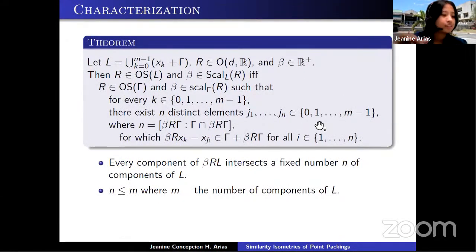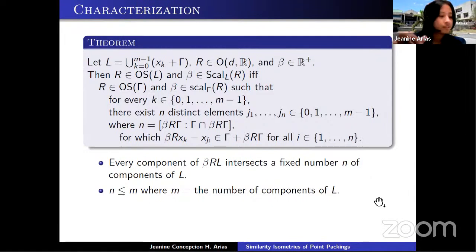Essentially, this result tells us that beta RL is a similar subpacking of L if and only if every component of beta RL intersects a fixed number of components of L. And this fixed number is n, where n is equal to the index of gamma intersection beta R gamma in beta R gamma. Here, n can be at most m, where m is the number of components of L.